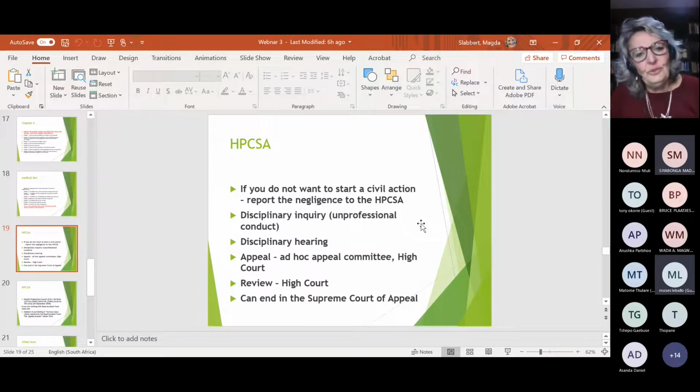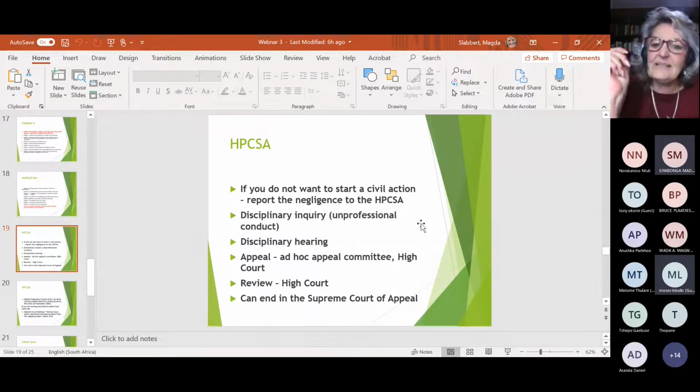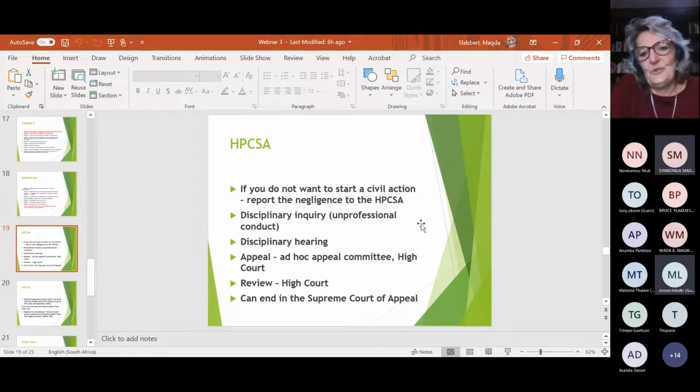Okay, now, if you do not want to start a civil action, in other words, you do not want to go to litigation, maybe you have tried mediation or you don't even want to go there, then you can start with the HPCSA. Some people use the HPCSA to see. If the HPCSA finds the health practitioner guilty, then they go to court.